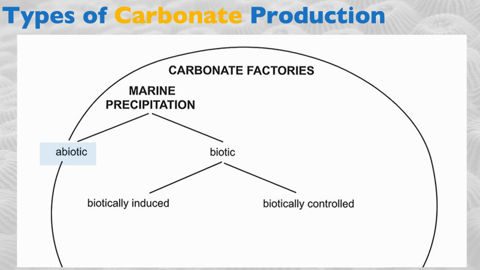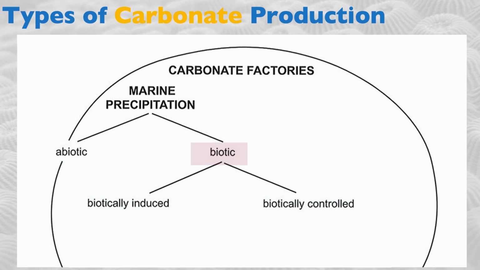This is a cement, but the largest volume of carbonate sediments will come from biotic precipitation. That means from things that are controlled by biology. In this, we can distinguish two types of precipitation. One is known as biotically induced precipitation. The other one is known as biotically controlled precipitation. We'll look at both cases.